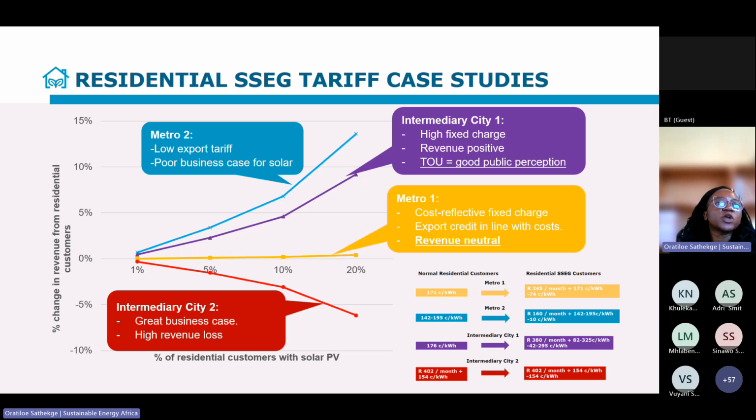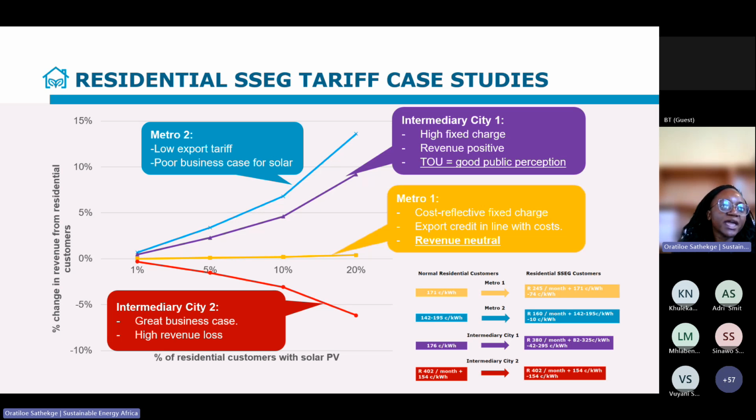This is where we play around to see, with the different changes that we introduce in our tariffs, whether we increase our basic charge, whether we move on to a time of use, what would that result in? This graph shows us the percentage of residential customers with solar PV. So this is looking at, as more and more customers install SSEG systems, what would that result in?